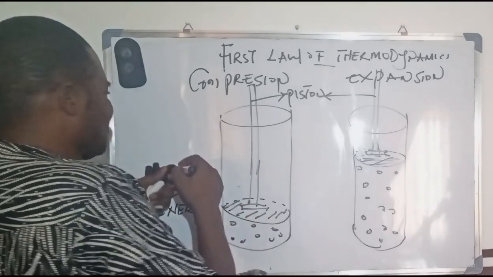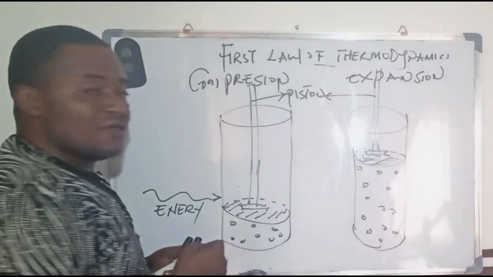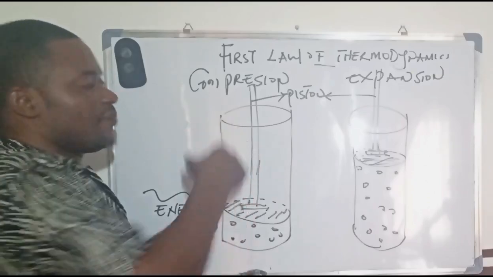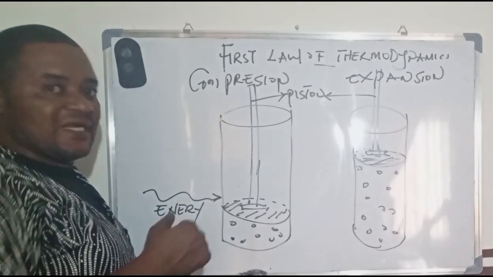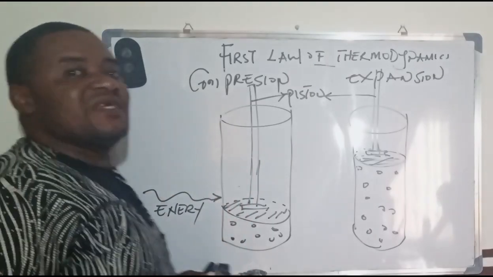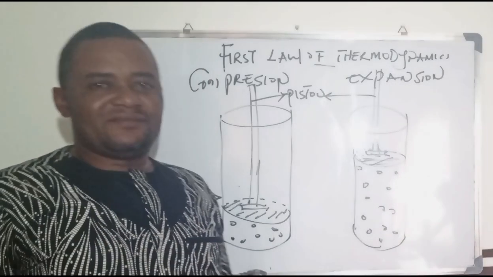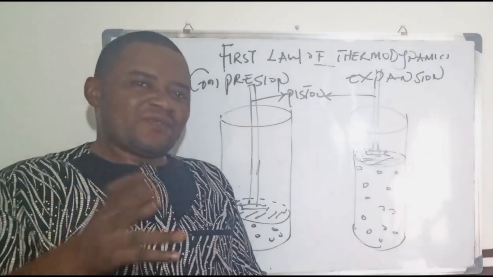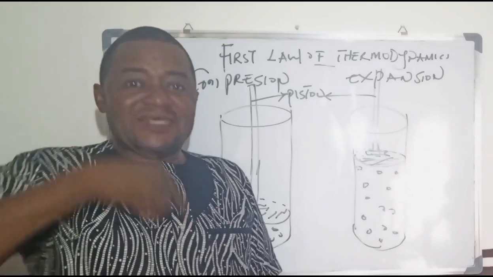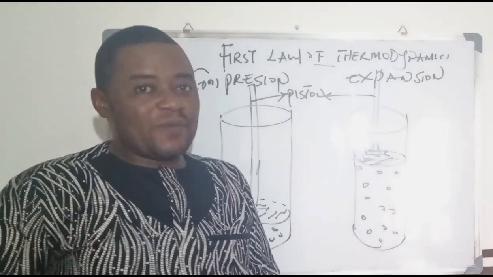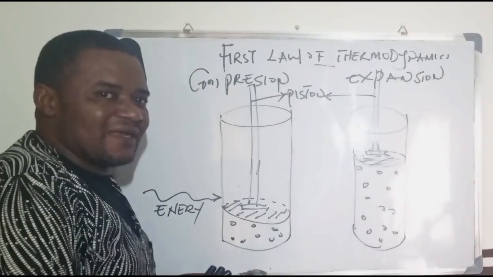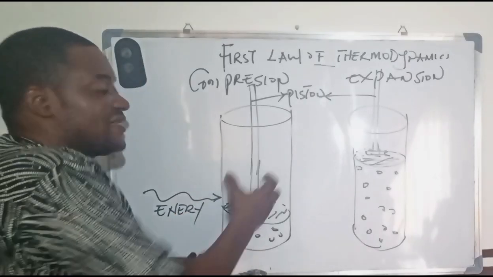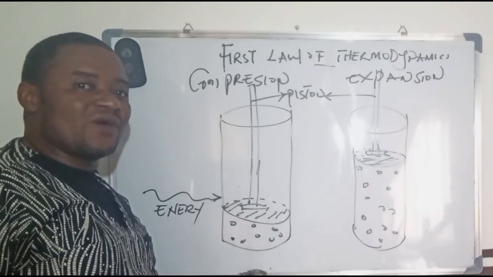So at this particular level, where the system is being compressed, it means that work is done on the system by the environment. These gas molecules here are being compressed. As they are being compressed, the system is benefiting from what?